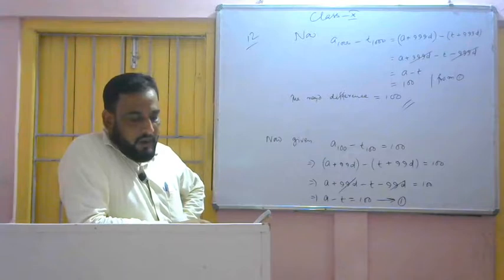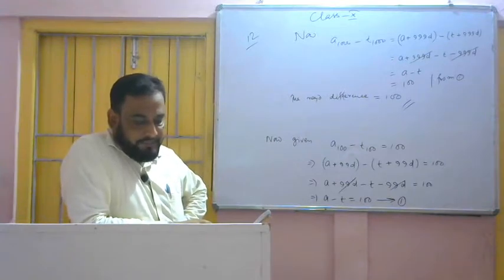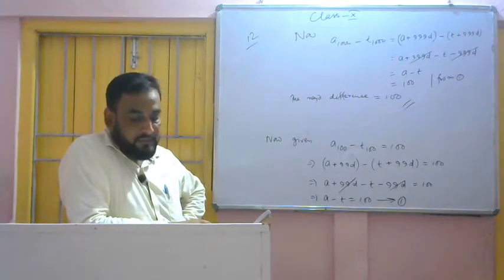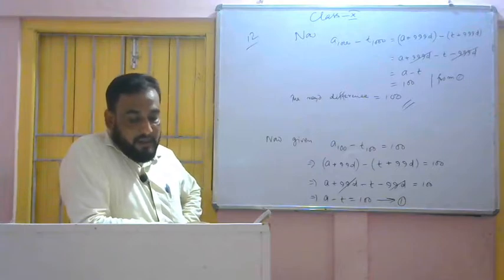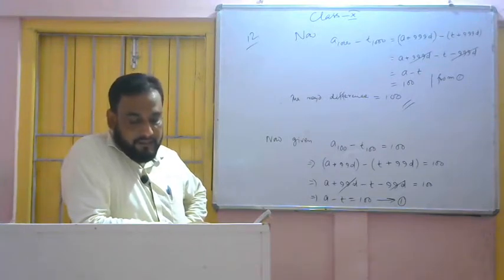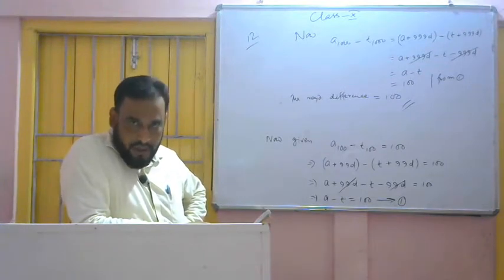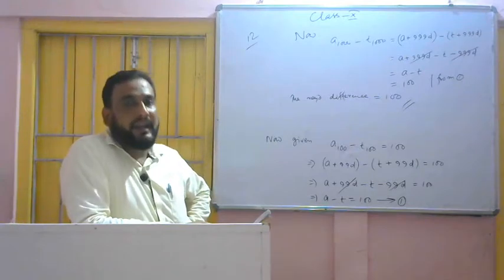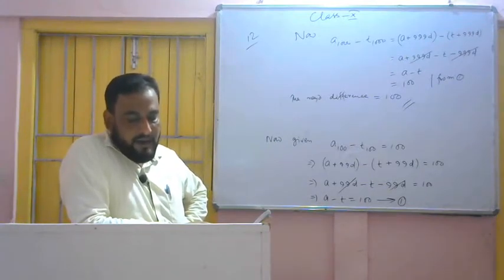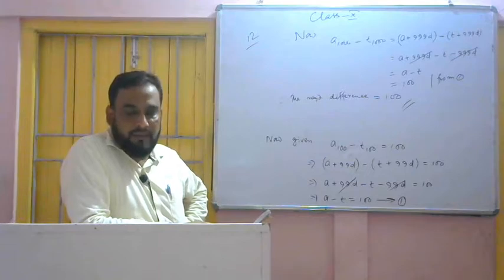Now question number 13. How many 3 digit numbers are divisible by 7? Your question is, how many 3 digit numbers are divisible by 7?